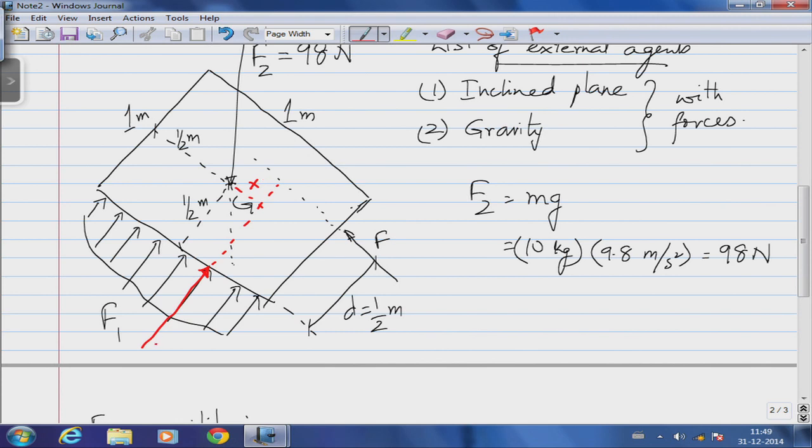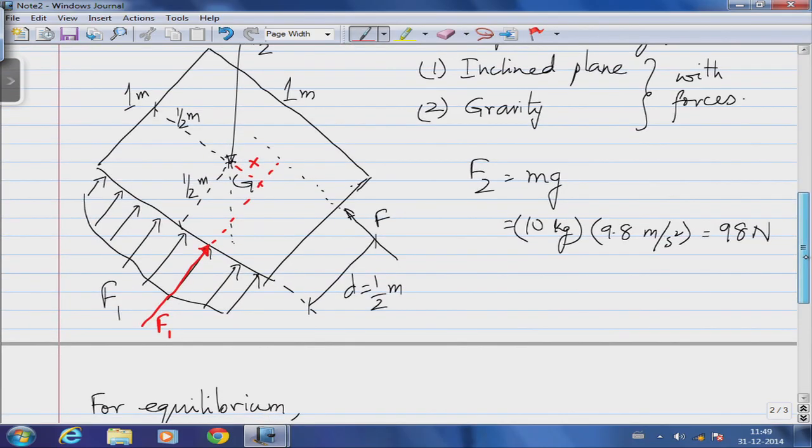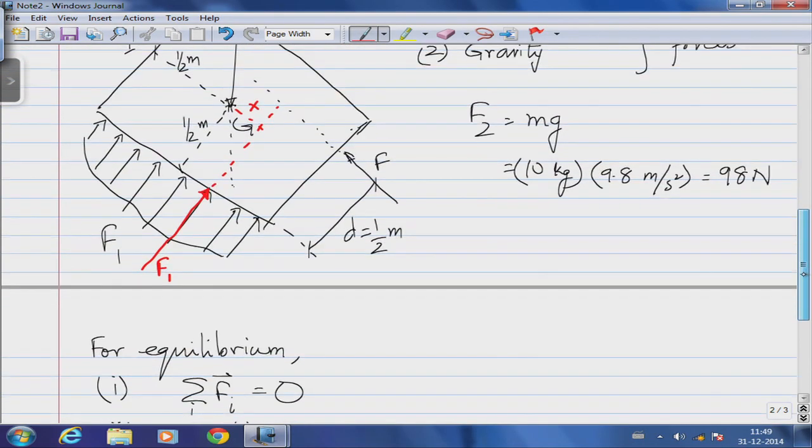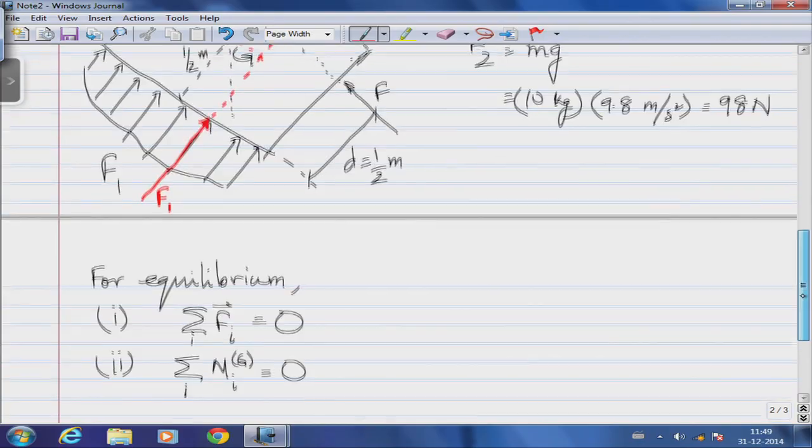So, the first model that I have introduced is that I have taken what is actually a distributed force underneath the block, the true F1, and replaced it with a point force, with a single force that acts through a point on the bottom of the block as the effective or the resultant force of the set of forces acting on the bottom side.